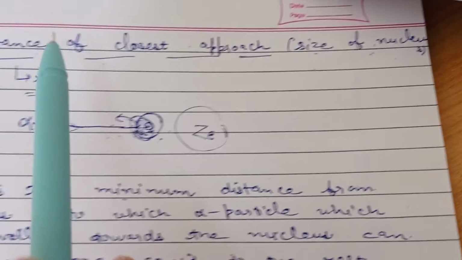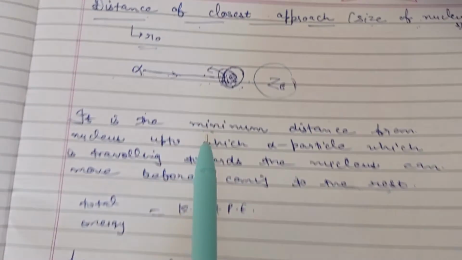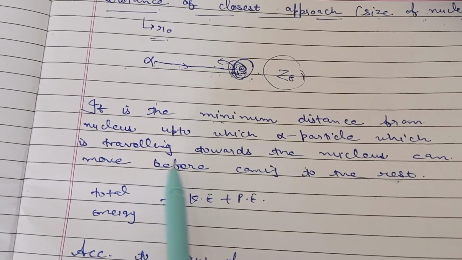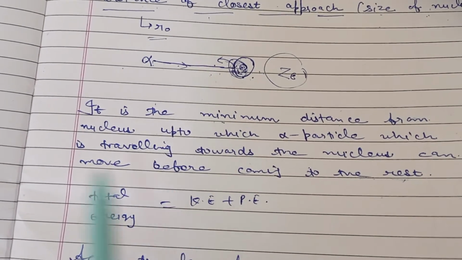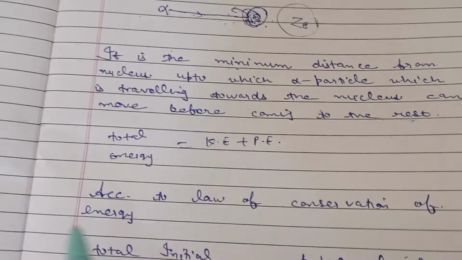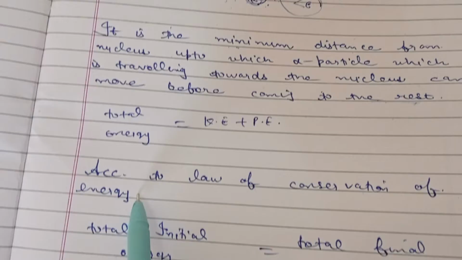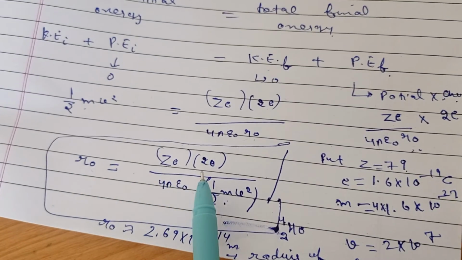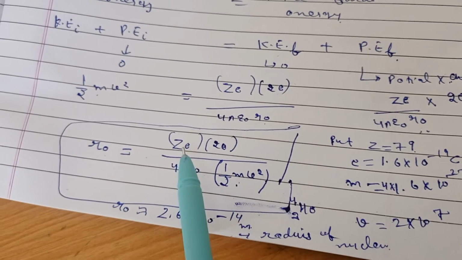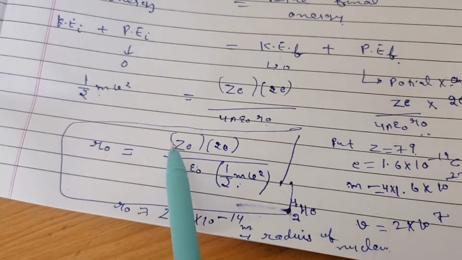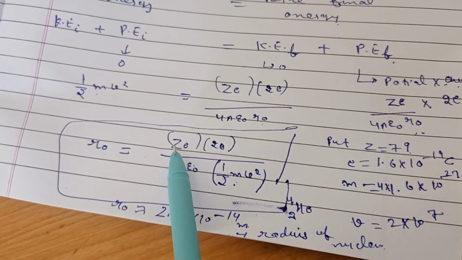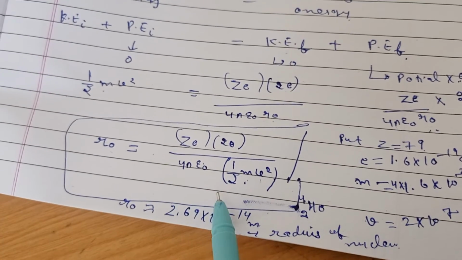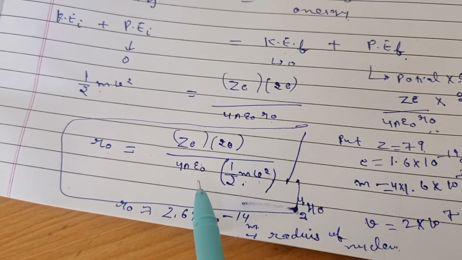Okay students, the distance of closest approach is the minimum distance from the nucleus up to which an alpha particle traveling toward the nucleus can move before coming to rest, and by applying the law of conservation of energy you can derive the simple expression for it, and by putting the values of Z, e, m and v you can approximate the size of the nucleus.